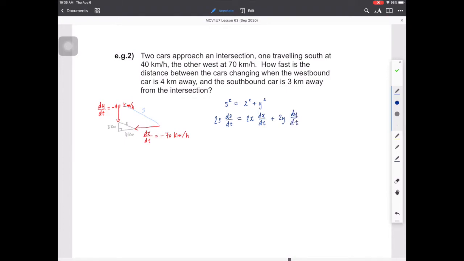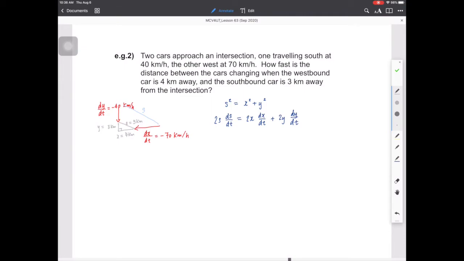Let's substitute the numbers that we know so far. At the moment, the y direction is 3 kilometers away from the intersection, and the x direction is 4 kilometers from the intersection. s must be 5 kilometers from the intersection because of the Pythagorean triplet, 3, 4, 5 triangles.